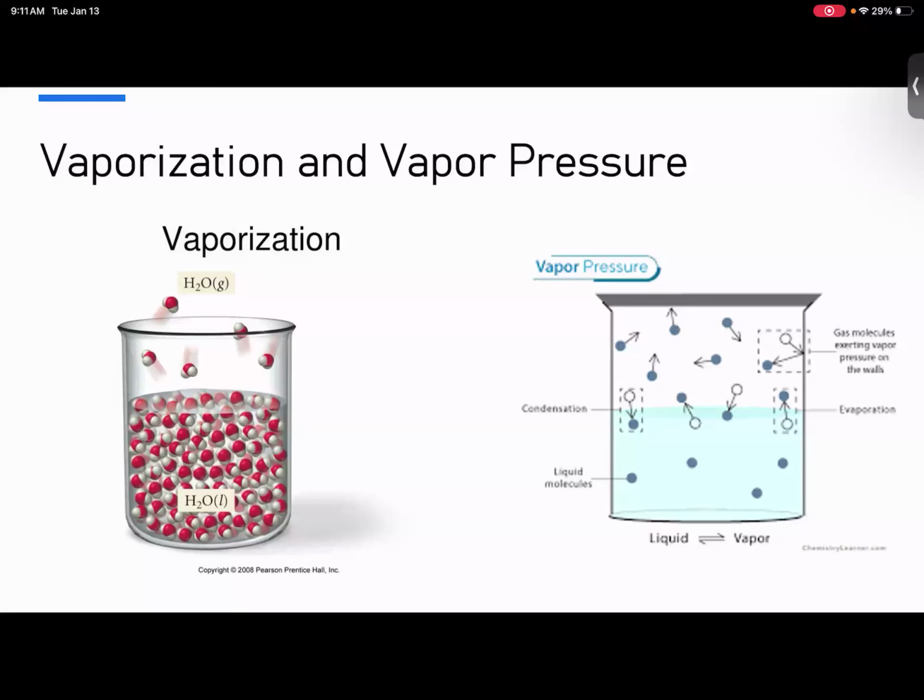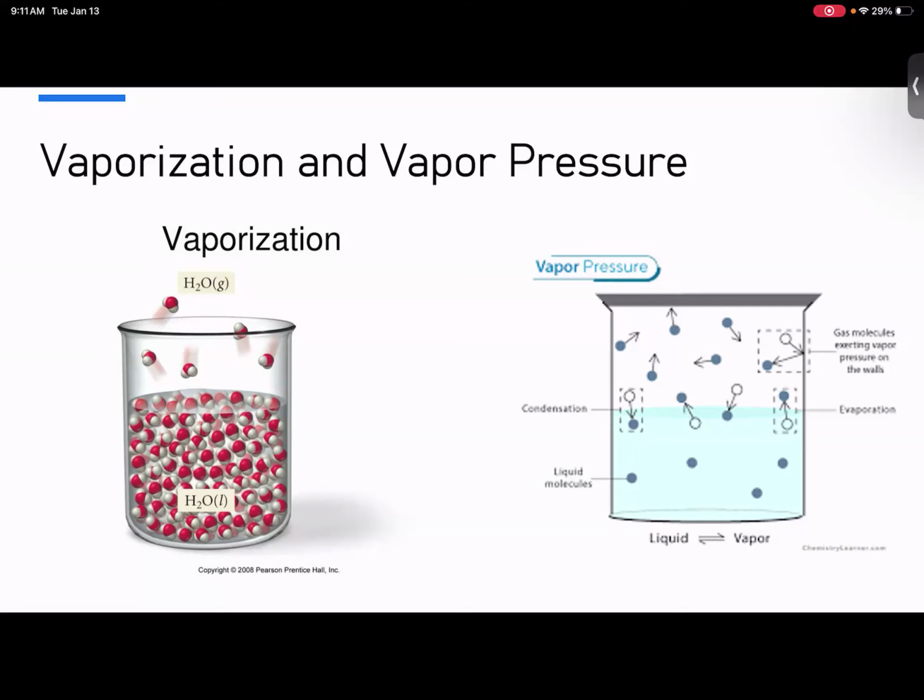You have vaporization of water at room temperature. You have vaporization of water at higher temperatures. In other words, temperature is not the only factor involved in vaporization. Vaporization occurs, period.